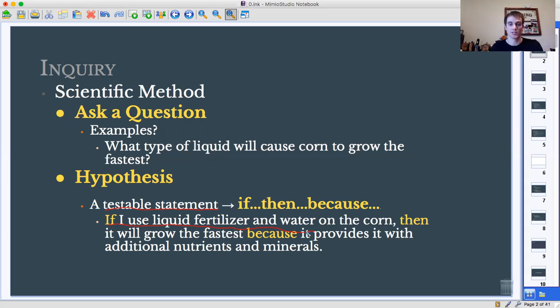If I do this, then something will happen because of this. So if I use liquid fertilizer and water, then the corn will grow fastest because it has nutrients. The if, then, because statement there.